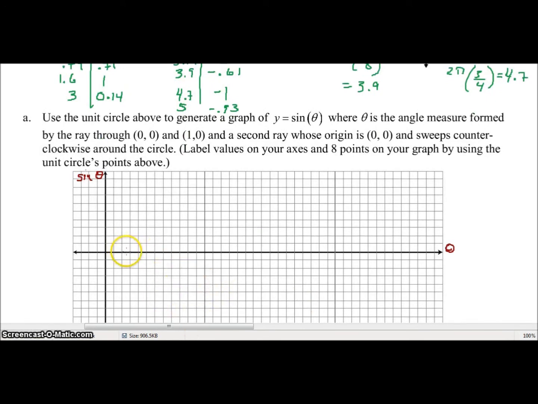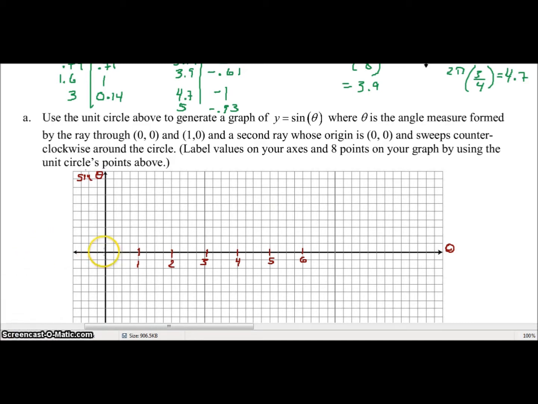I'm going to go 1, 2, 3, 4, and then this is 1. Another 4, 1, 2, 3, 4, and this is 2, etc. So there's our inputs. My output ranges from, let's see, we have some negative values, some positive values. 1 is the highest value and -1 is the lowest value.